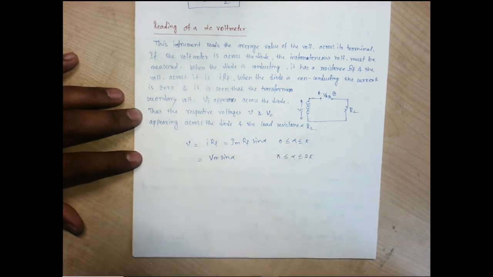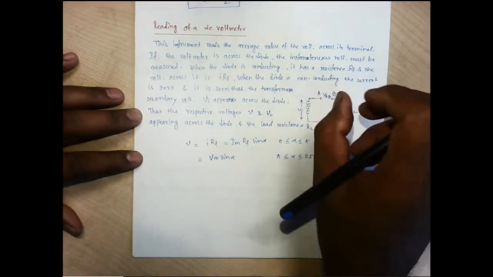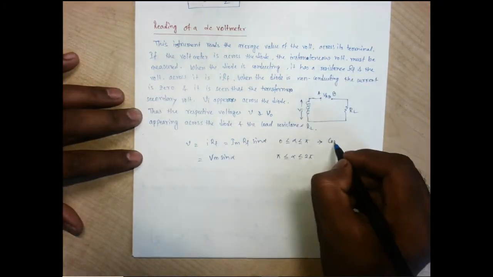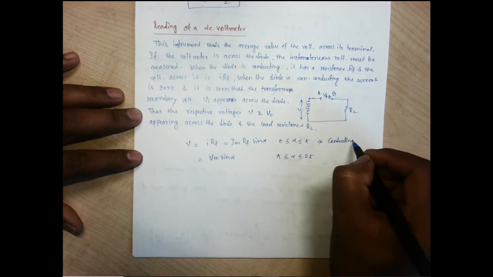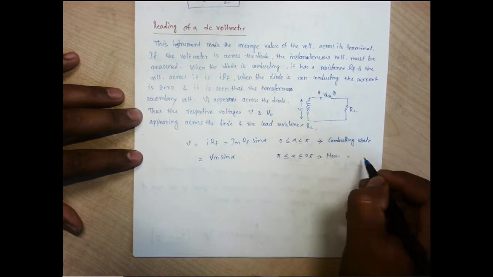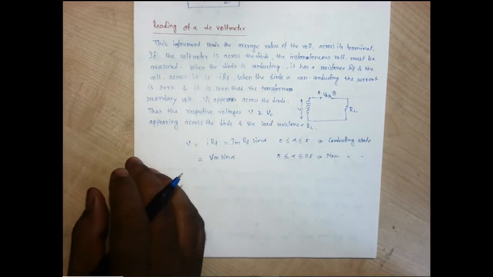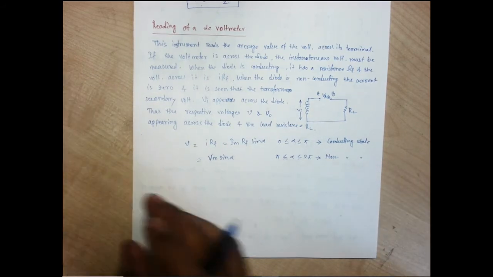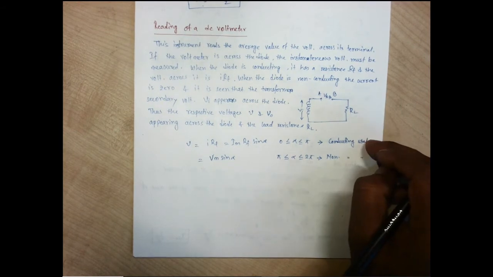So this is the voltage appearing across the diode. This is the conducting state and that is the non-conducting state. Clear up to this?